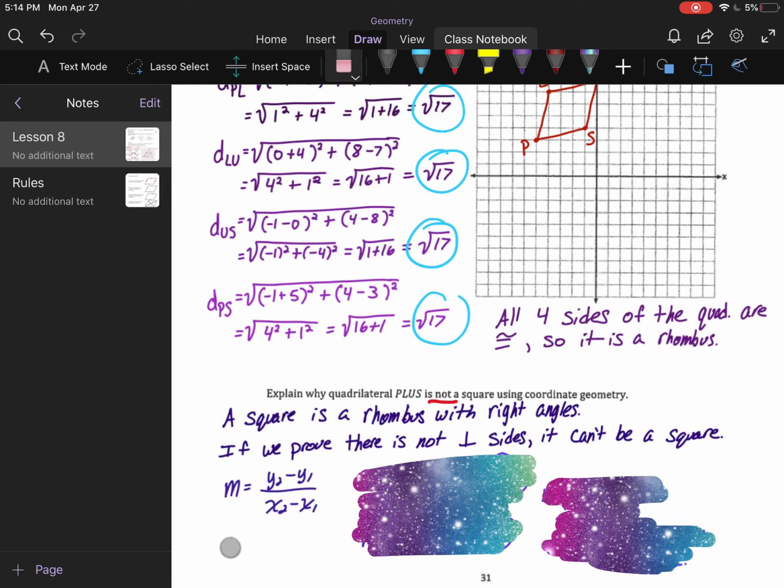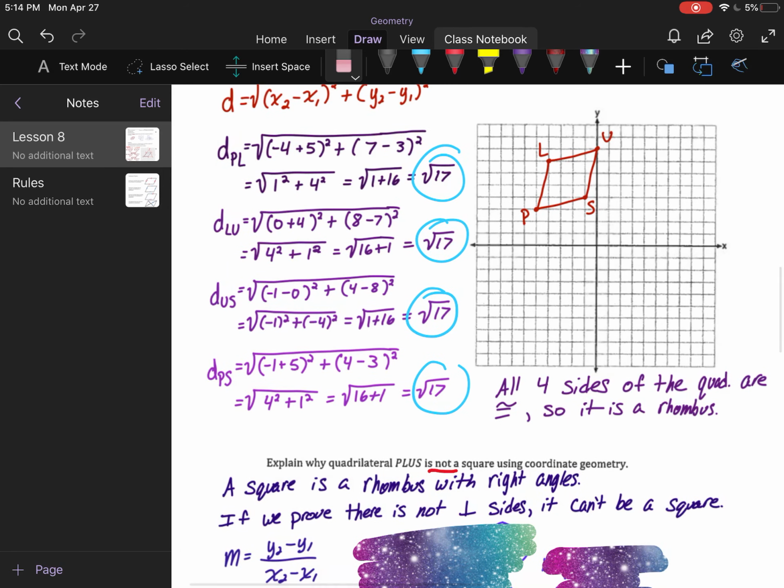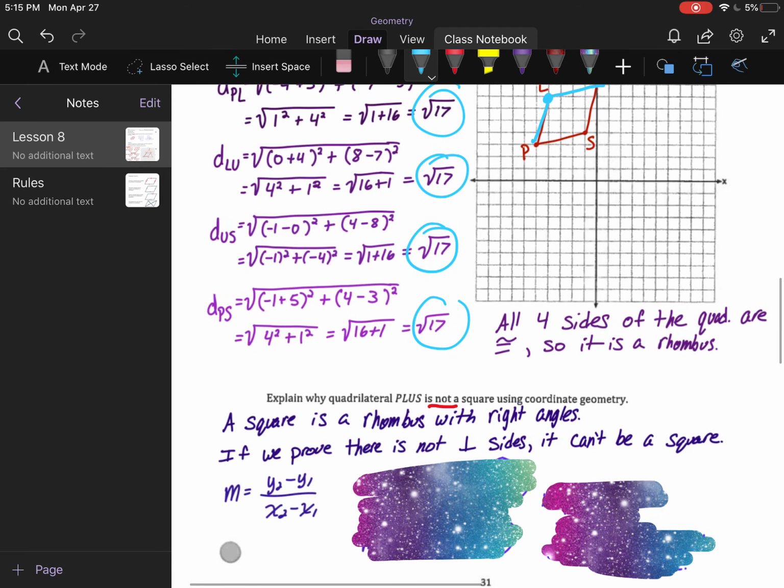So first you're going to do the slope, and we're going to pick 2 sides, do the slopes of them, and make sure that they're not negative reciprocals. You can do whatever ones you want, but if you want to do the same ones I do, I'm going to do angle L. So I'm going to do these 2 sides. So find the slope of those 2 sides, and then unpause the video once you're done.